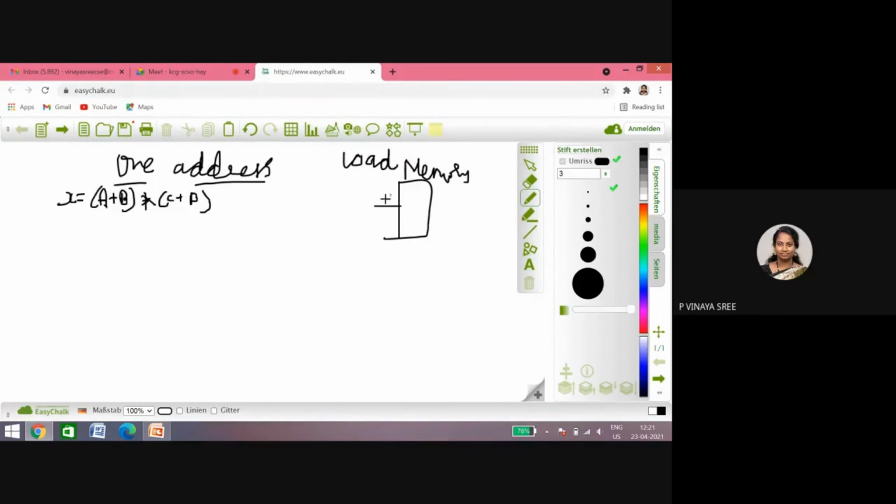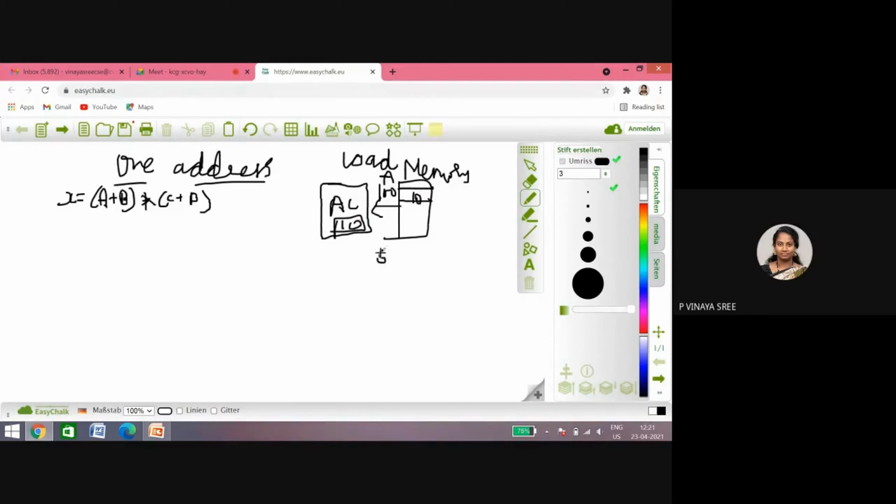For example, if we have a at location 100 and the data is 10, that will be loaded inside the accumulator.